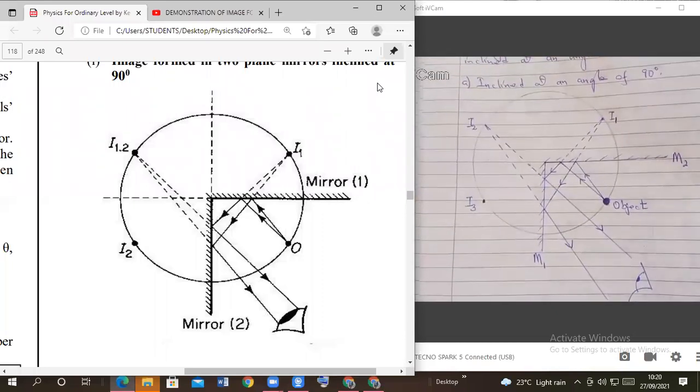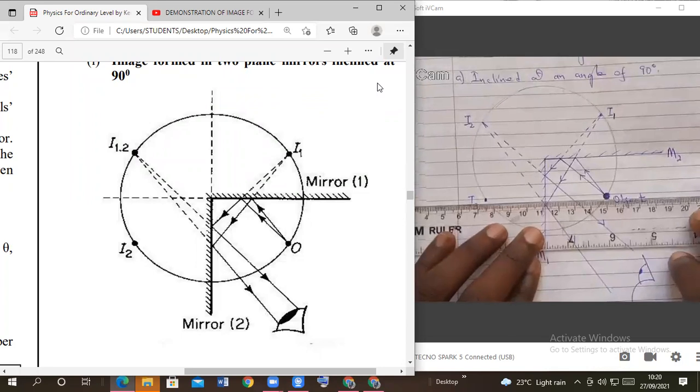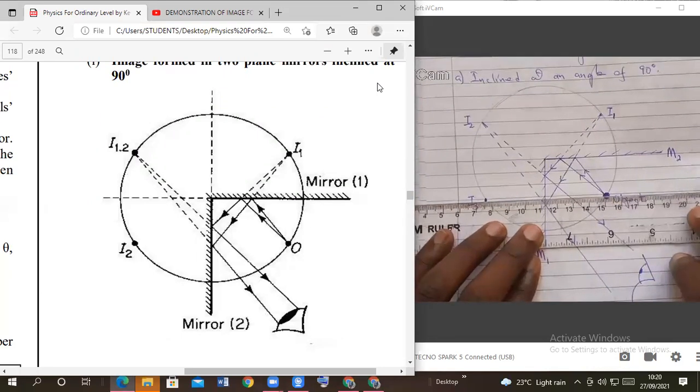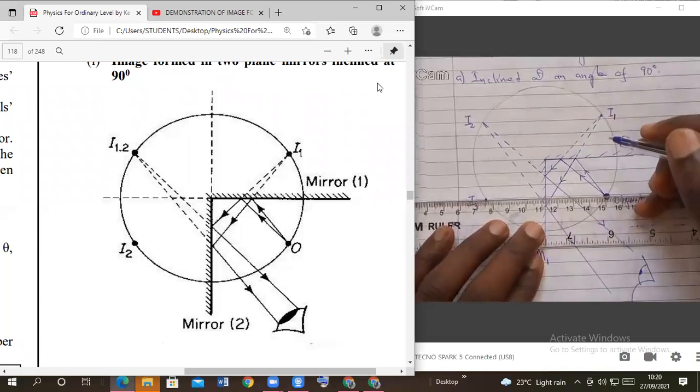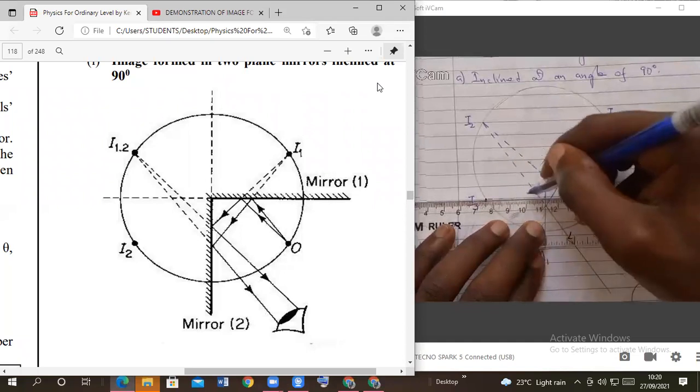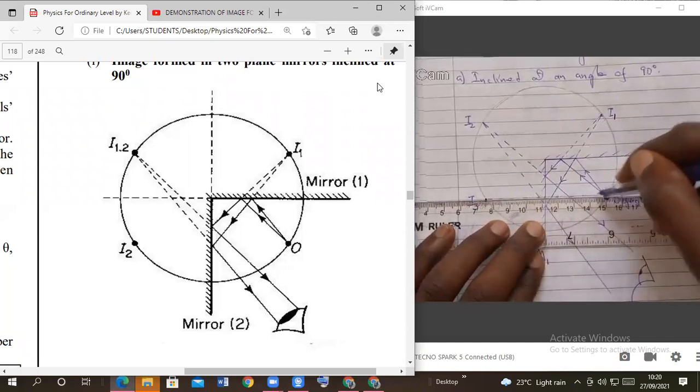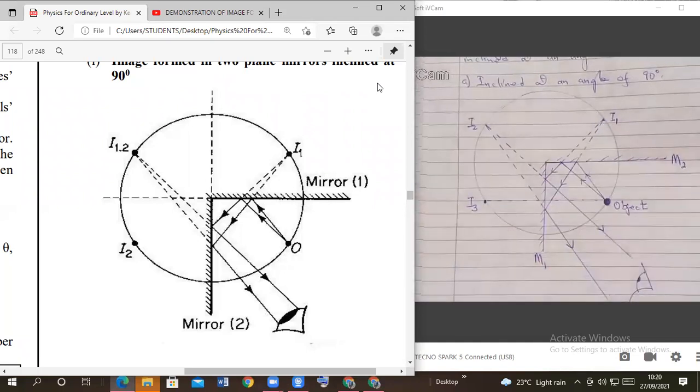So in total, how many images are formed here? 3 images.